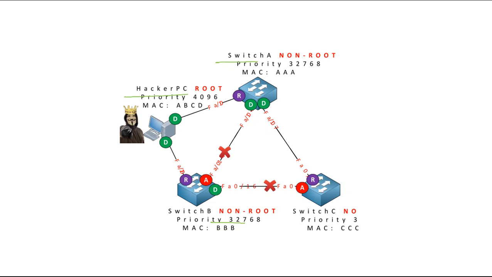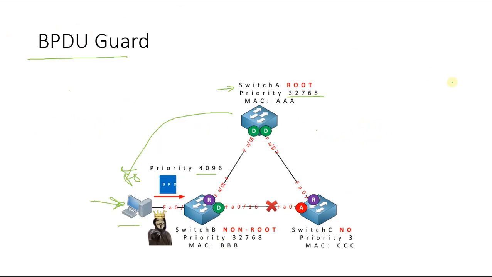So what you can do, we must implement BPDU guard on the interface. To prevent this attack from the hacker PC, we must configure BPDU guard on the interface of switch B facing the hacker PC. Previously, maybe we configured this port as an edge port.